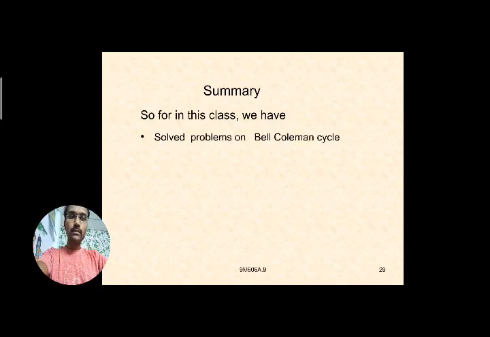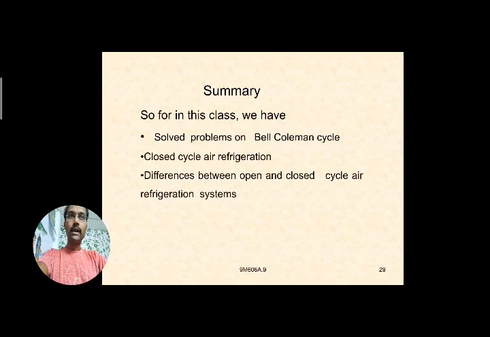So you can see, up to this part, hope you understood the solved problems, how we are using the COP formulas, pressure ratio formulas and temperature ratio formulas of the Bell Coleman cycle, and how we have solved the problems. Next, we have explained the closed cycle air refrigeration with a line diagram, and we have seen the working principle also.